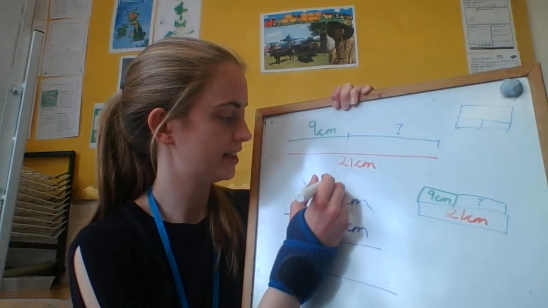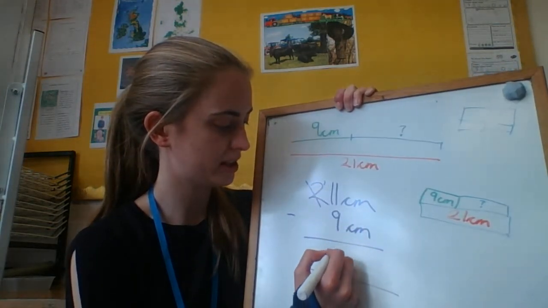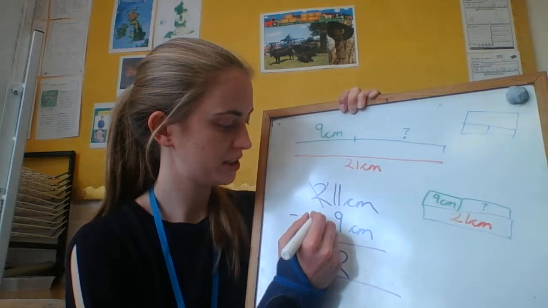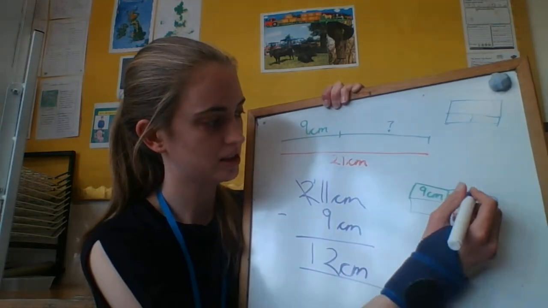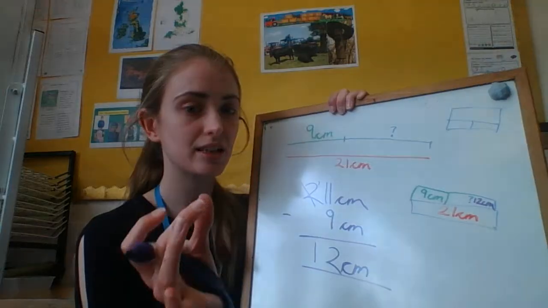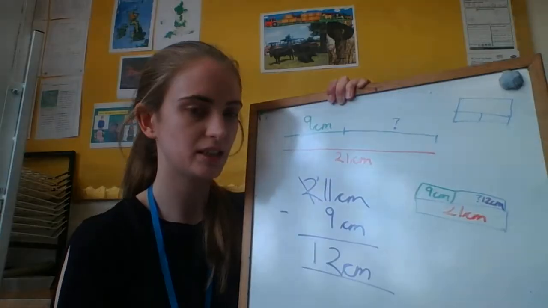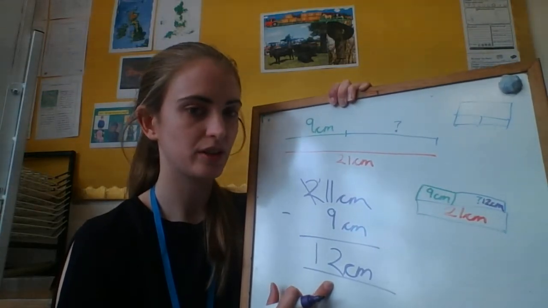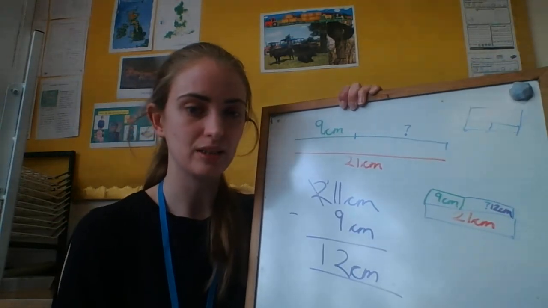So I've got 1 ten left there, 11 ones there. 11 take away 9 is 2. 1 take away nothing is 1. 12 centimetres. This bit here is 12 centimetres. The difference between 21 centimetres and 9 centimetres is 12 centimetres. Okay, that's what difference means.